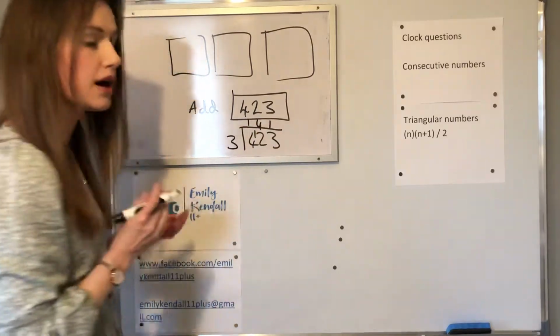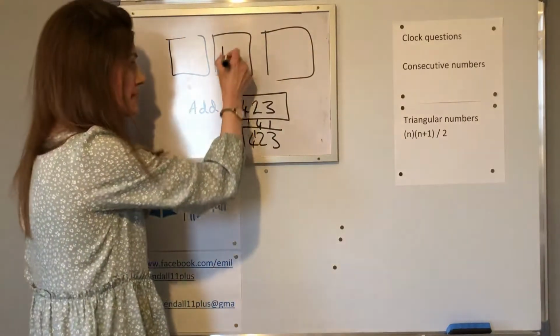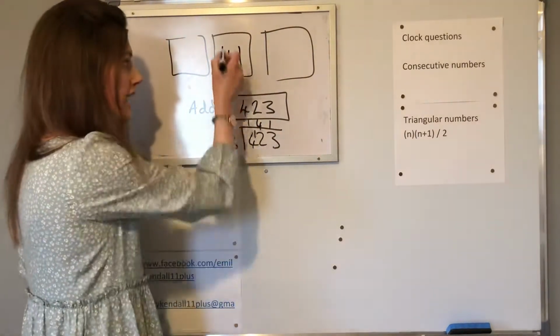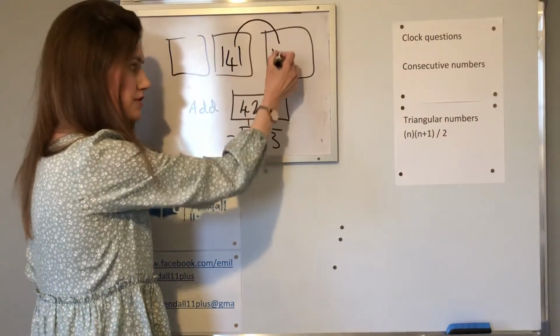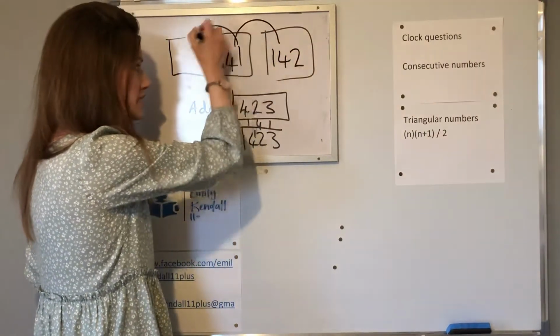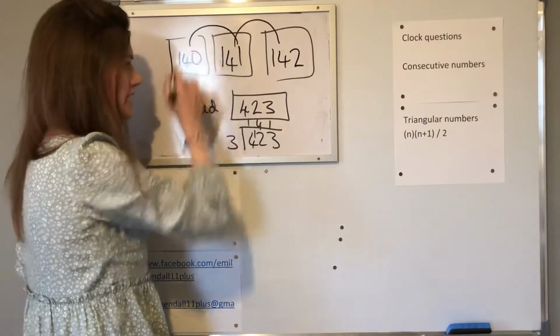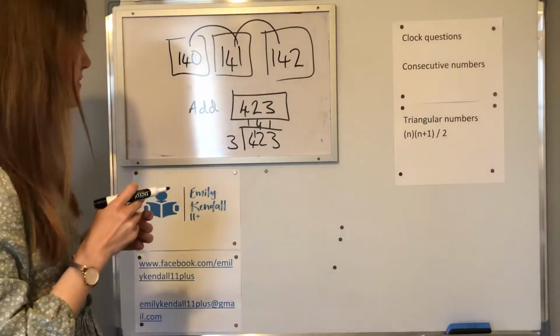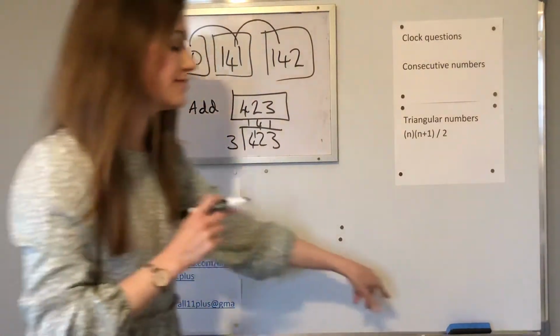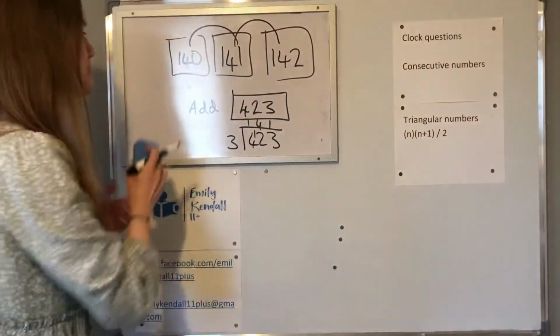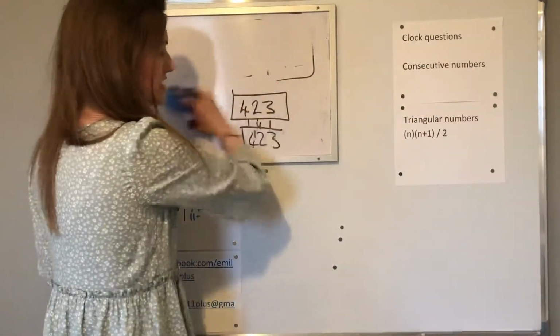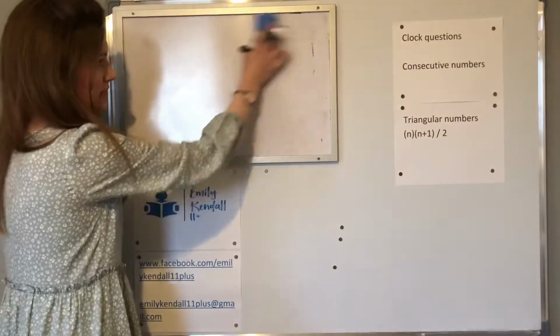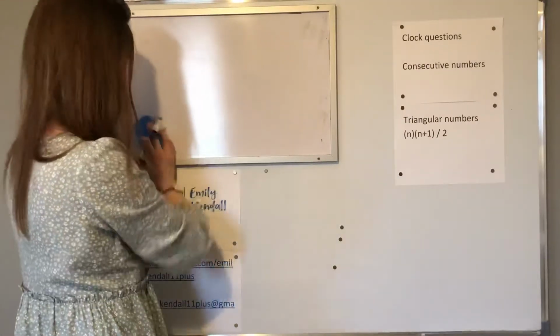And that gets you to 141. Now if you put that one in the middle, and then you go 1 up, 142, 1 down, 140, and you've got it. Okay, so I think that makes it a little bit easier. You can do it with x, x plus 1 and x minus 1, but I just think that's overcomplicating something that's not quite that hard.